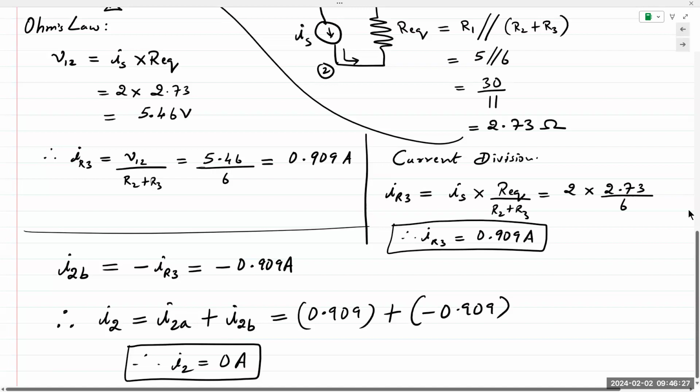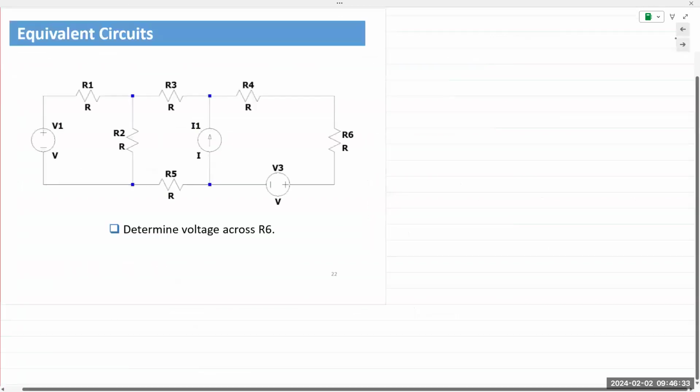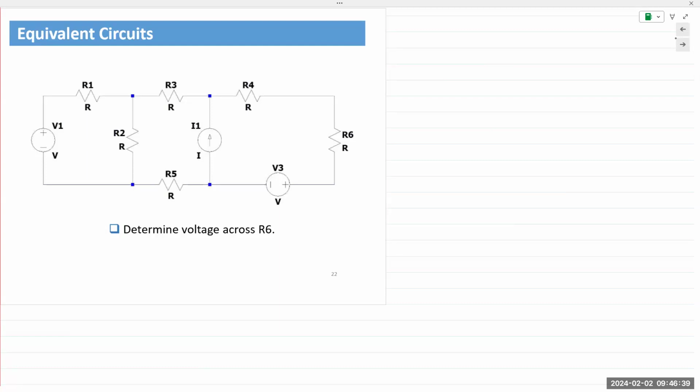All right, this is the end of all the analysis techniques that we have to learn for this class, for chapter 2. Now we're going to take all of the techniques that we have learned and apply them to a larger circuit.